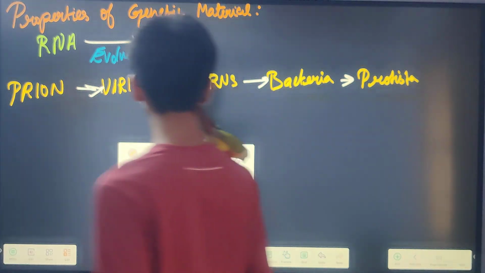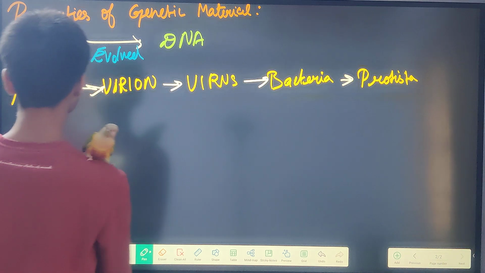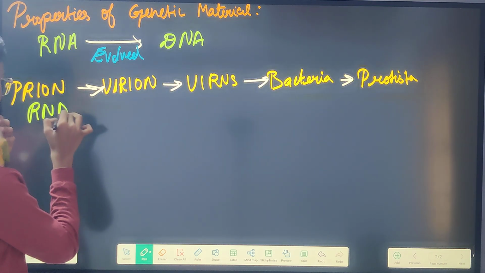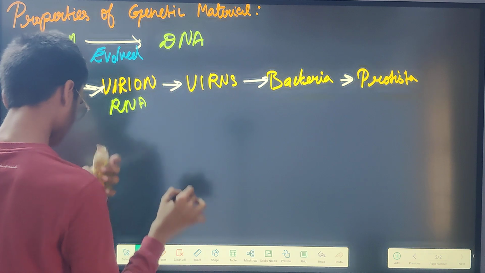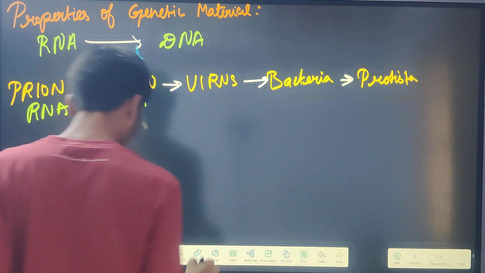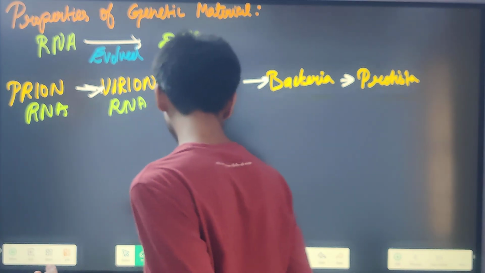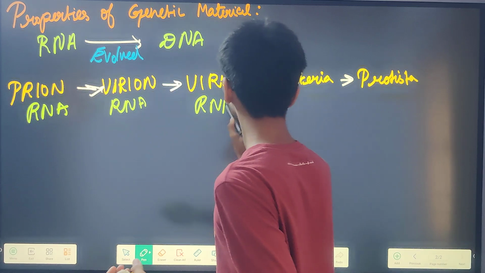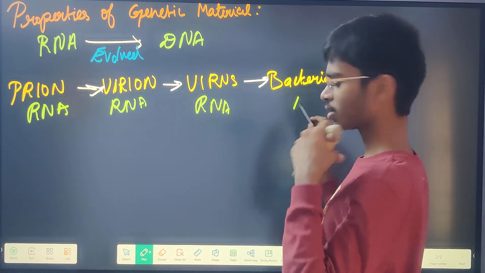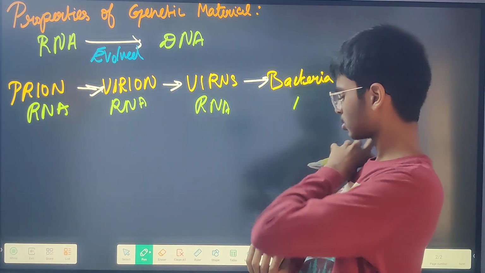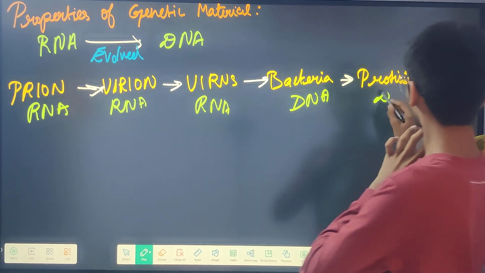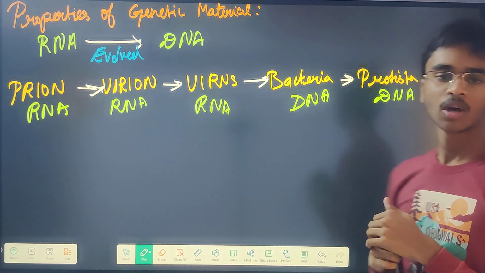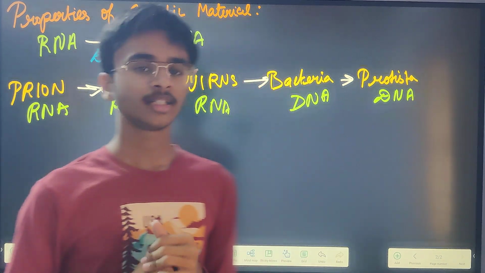In prions only RNA is there. Here also only RNA, and here also only RNA. Later it formed into DNA.